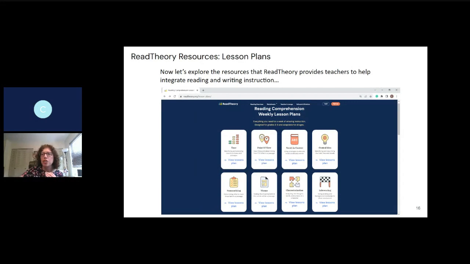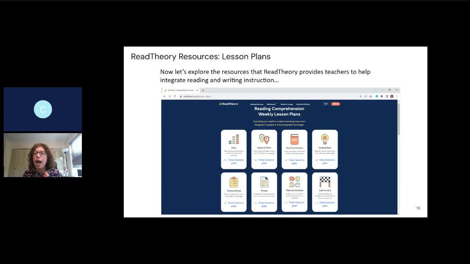Okay, so Sharon asked, do teachers assign the lesson plan, or are lesson plans assigned to students from their pre-tests? So the lesson plans that we looked at before in those different reading categories, that's driven by the teacher. So you decide what skill you want to teach, and then you can follow those lesson plans to deliver that instruction.